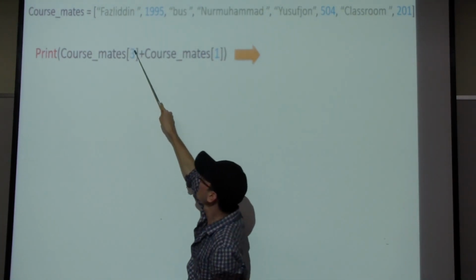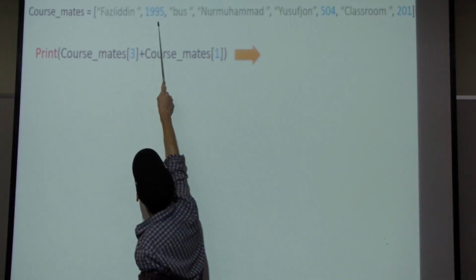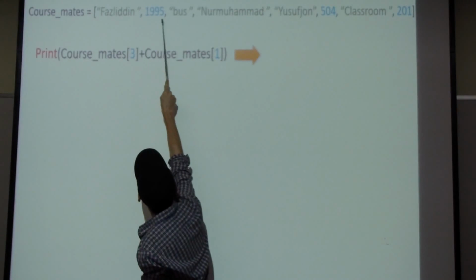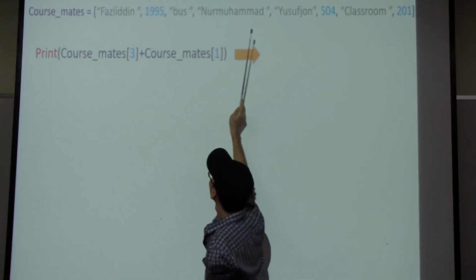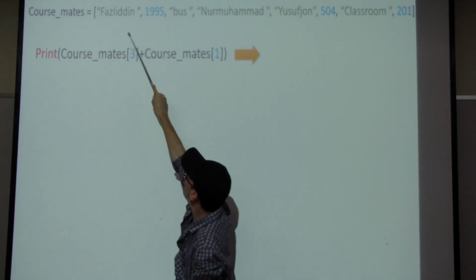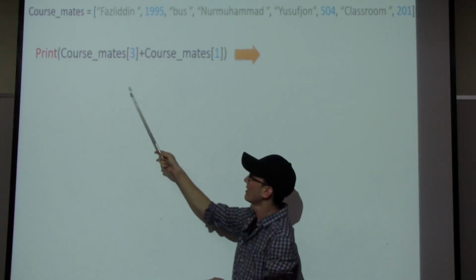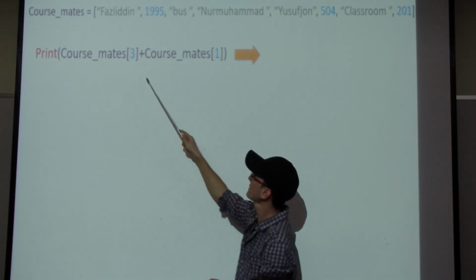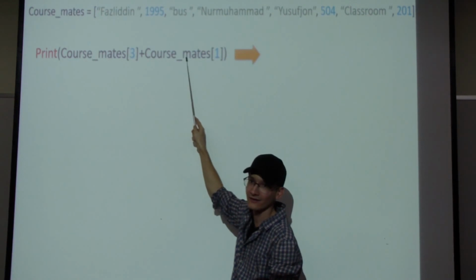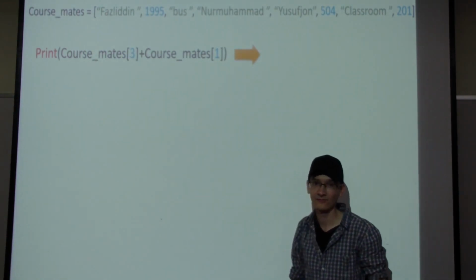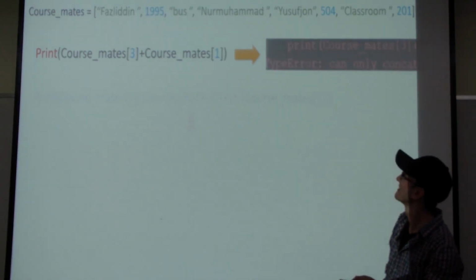The third element of our list is 0, 1, 2, 3, so it's Nur Muhammad. And the first element, 0, 1, is 1995. So our print function should print Nur Muhammad 1995. String plus number. It's an error.